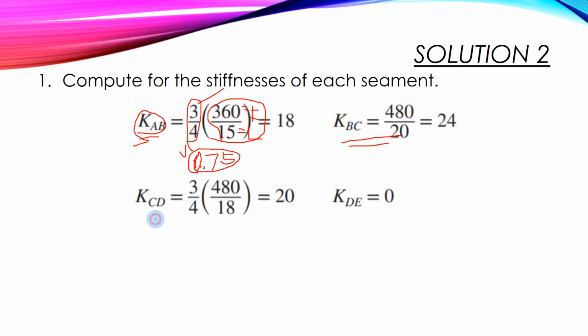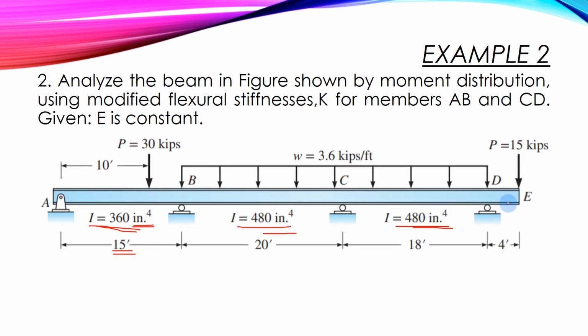For CD, it is modified, so multiply the stiffness by 3/4. Then DE is 0 stiffness, because it will not be part of the distribution method, though its moment still has an effect on the equation. That answers the first question, how to modify.